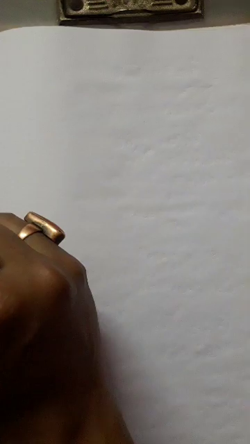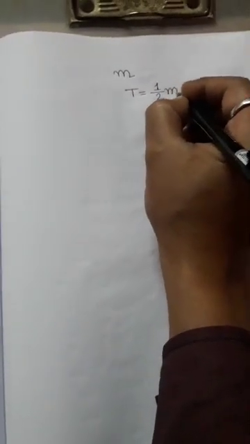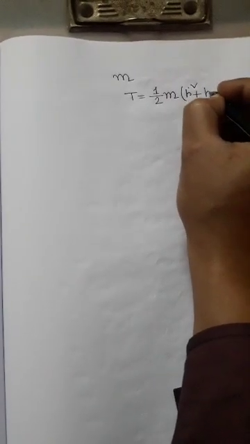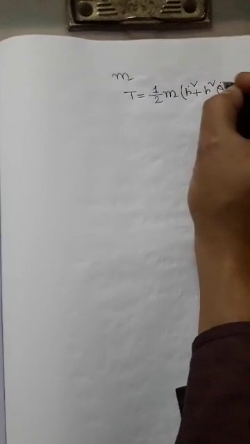So let's start. Now if a particle of mass m lies in a central force field, then we can write its kinetic energy as half m (r dot square plus r square theta dot square).